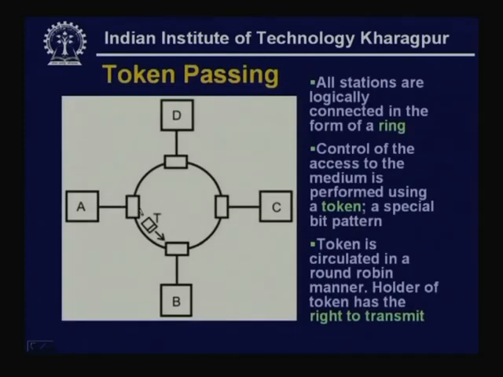So, A has started sending the frame and it goes around the ring. If the total propagation time is smaller than the packet transmission time, then before it completes transmission, the front will be reaching the transmitter.